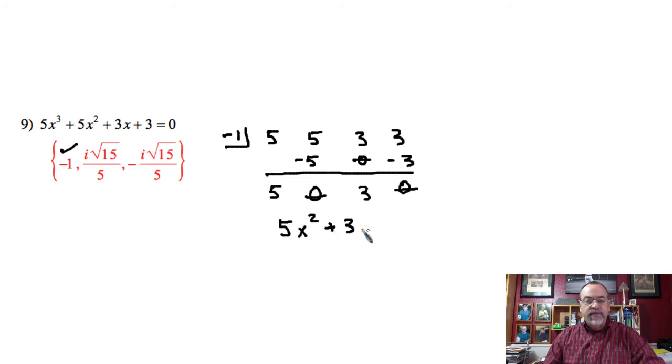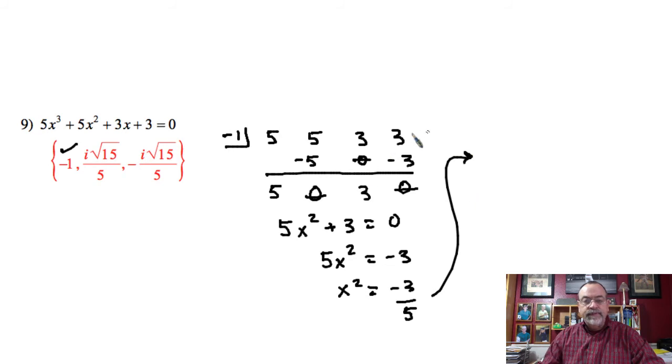And because this one does not have a linear term, I can extract the square root by setting this equal to 0. So 5x squared is equal to -3. So x squared is equal to -3 divided by 5. So I'm going to move this up here. x is going to be equal to plus or minus the square root of -3 over the square root of 5.